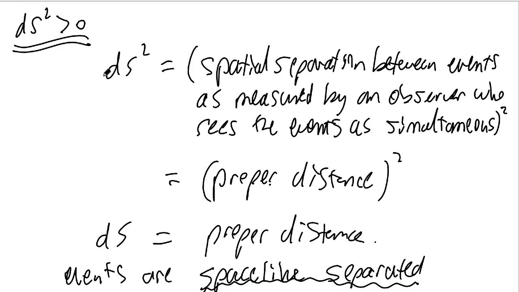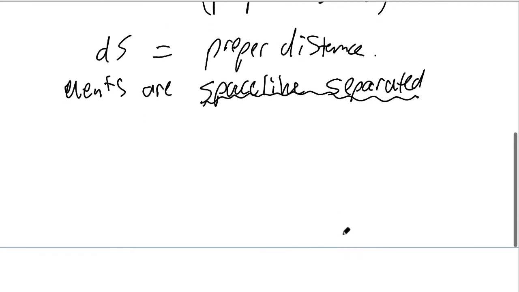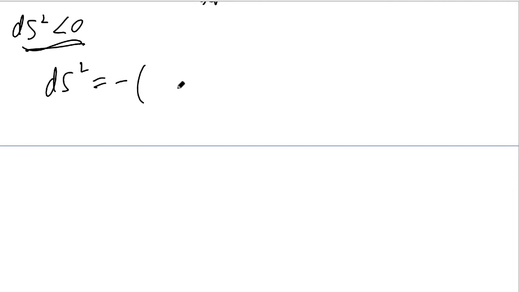All right, now, next case, what if ds squared is negative? All right, in this case, we interpret ds squared as minus the following quantity squared.